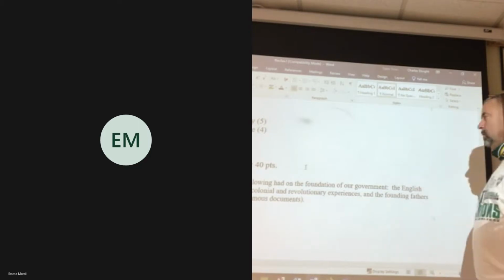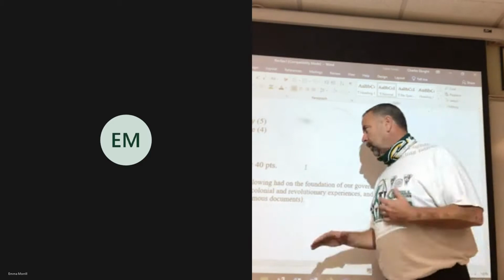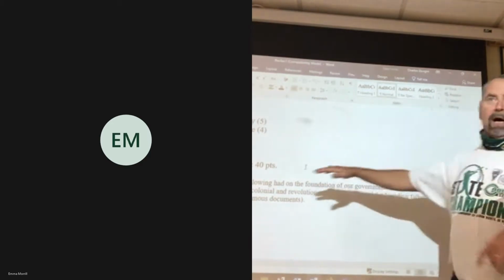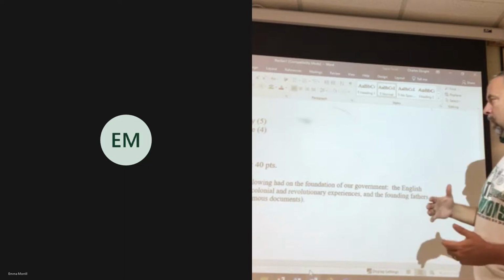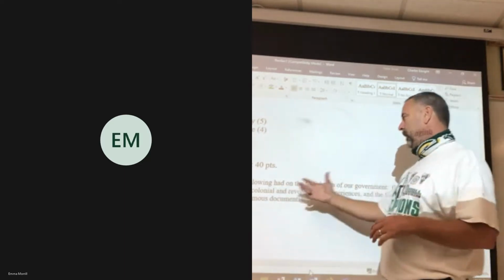So your introduction. Then you're going to have body paragraphs. The English founding documents. Well, we know there's 3 of those, right? The Magna Carta, the Petition of Right, and the English Bill of Rights. Now, the influences of the English on us are extensive, like the language we use, the forms of government, when we talk about the layers of government, national, state, local governments, some of the terminology.